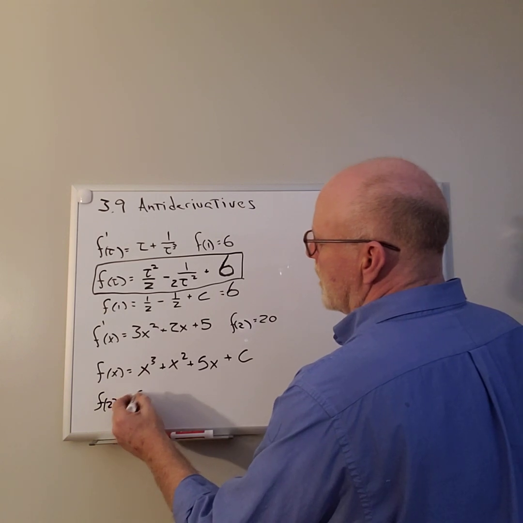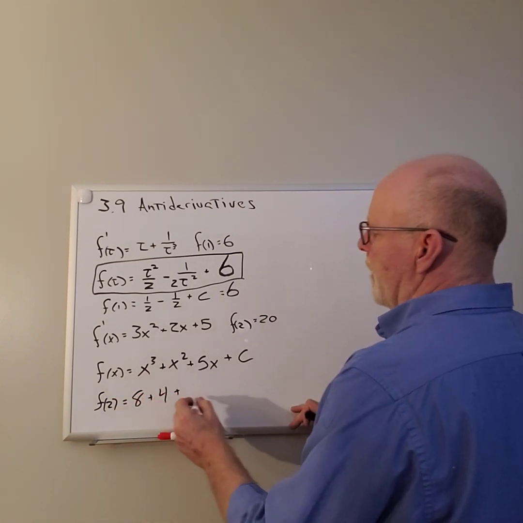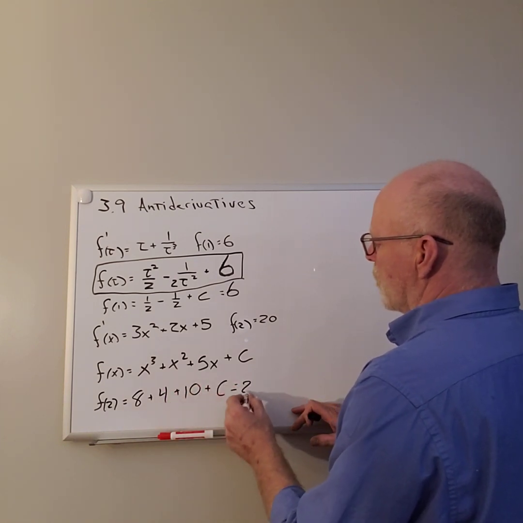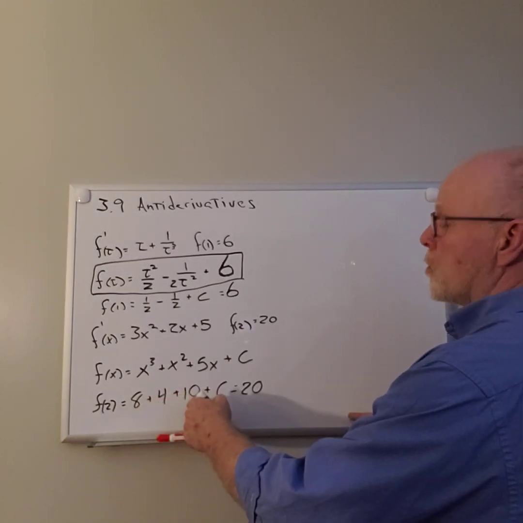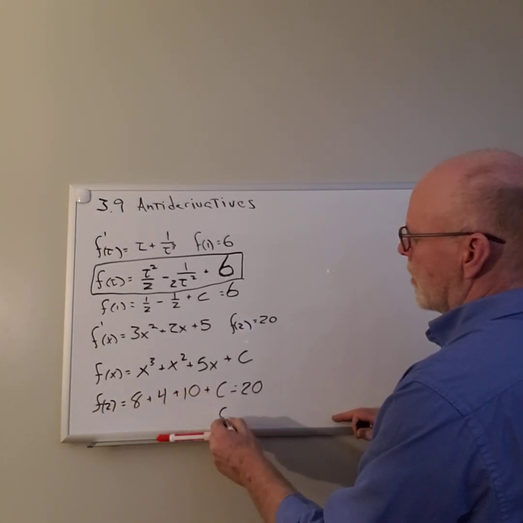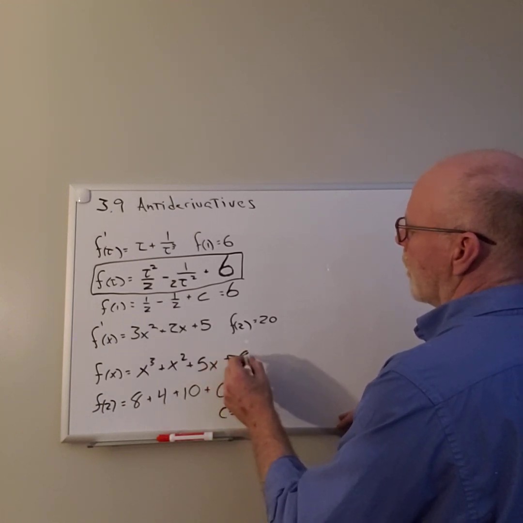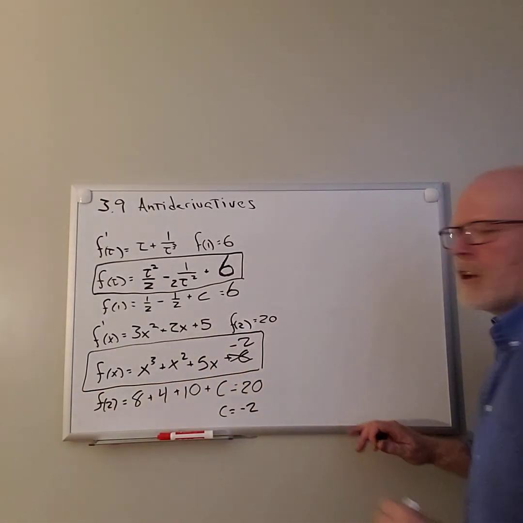So 2 cubed is 8, plus 2 squared is 4, plus 5 times 2 is 10, plus c has to equal 20. 8 plus 4 is 12, plus 10 is 22. So c here has to be negative 2. And as I said before, you're welcome to just cross that out, plug in a negative 2, and call that good.